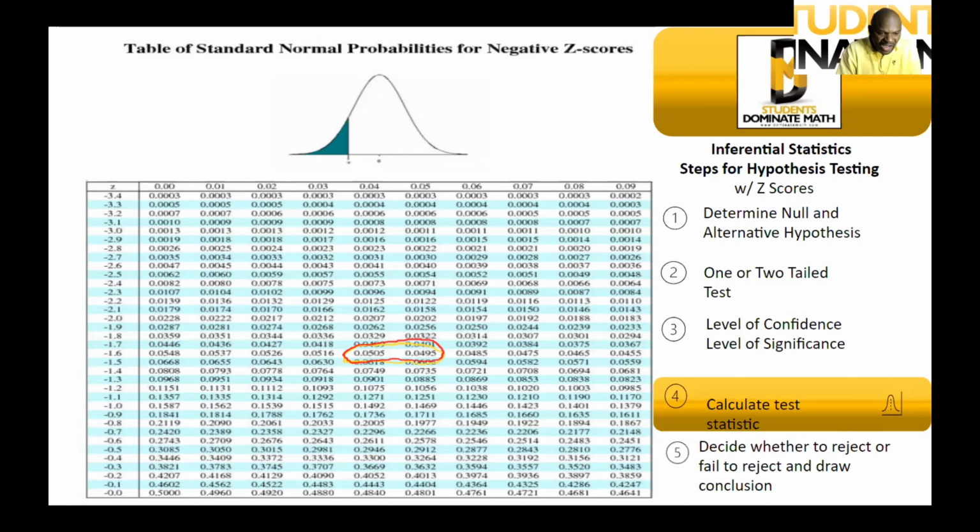But 0.05 would be in between these two values right here. So the z-score that corresponds with these percentages would come from right here. The negative 1.6 gives you the ones place and the tenths place. So this would be 1.64, which would be the z-score that corresponds with that percentage. It's a little bit too small.